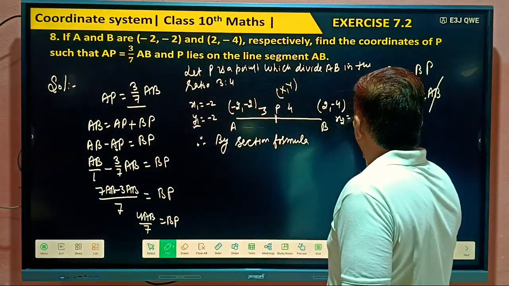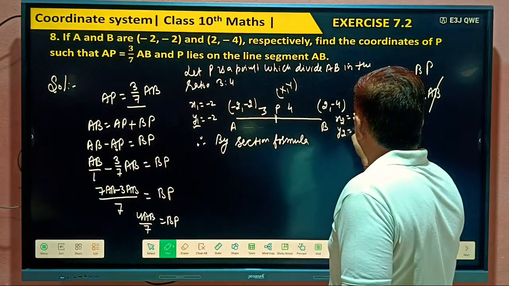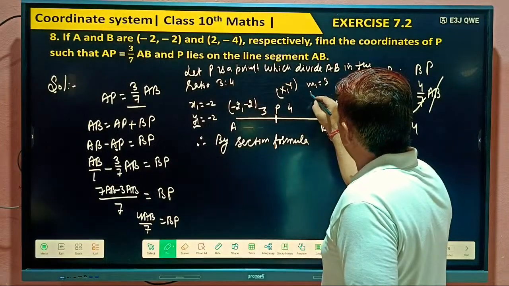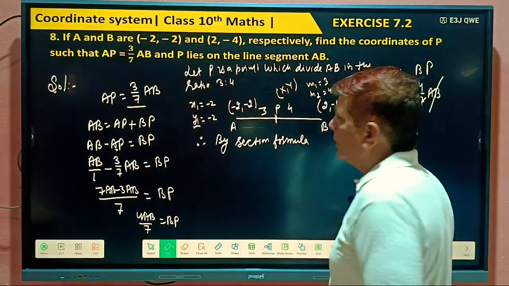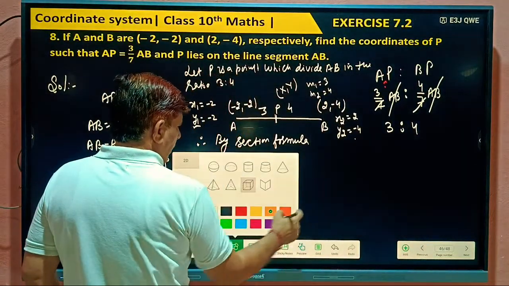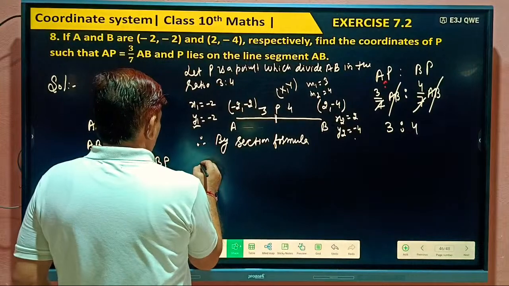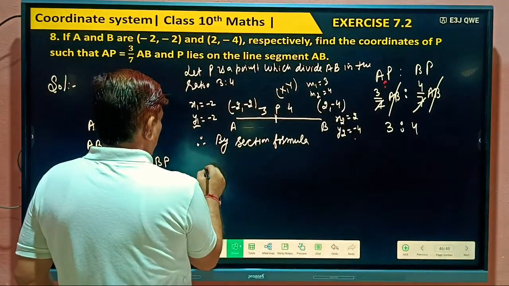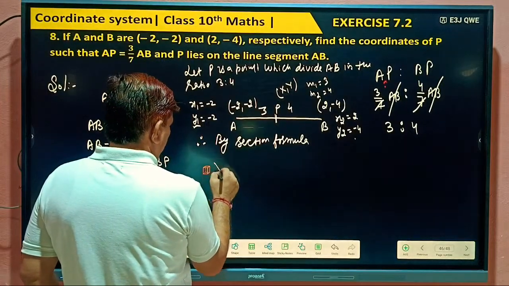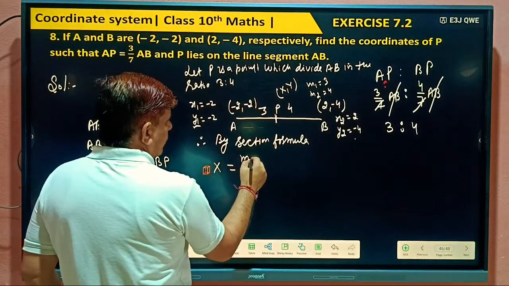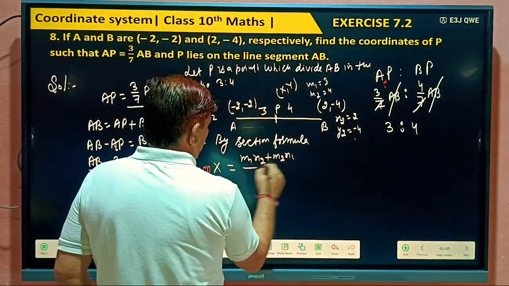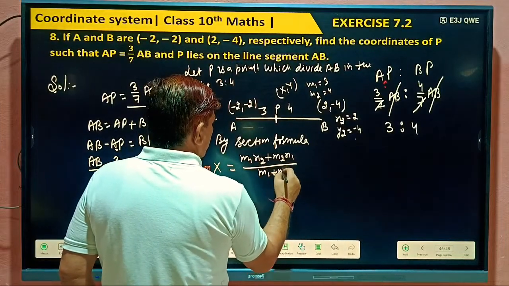x2 is 2, y2 is minus 4. And here m1 is 3, m2 is 4. Then we are easily able to solve. So what's your x? Your formula is x equal to m1 x2 plus m2 x1 by m1 plus m2.